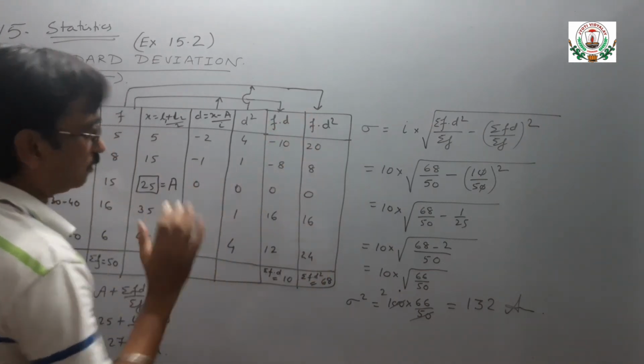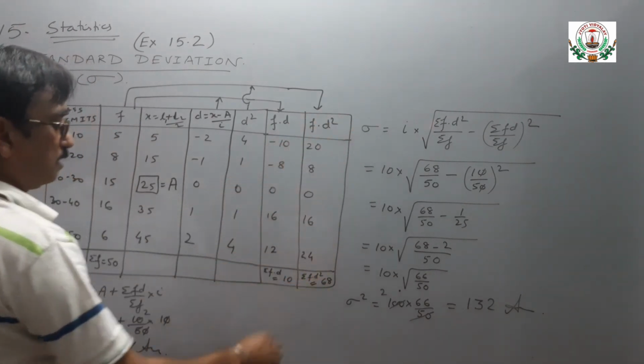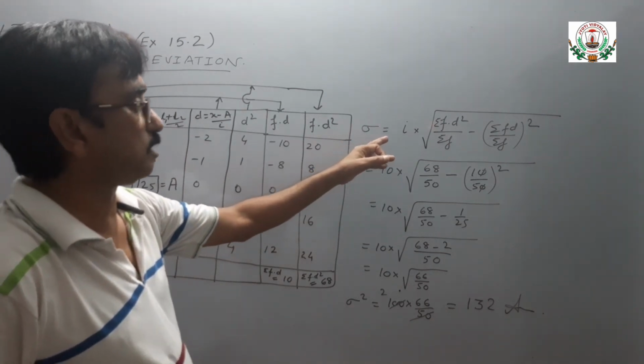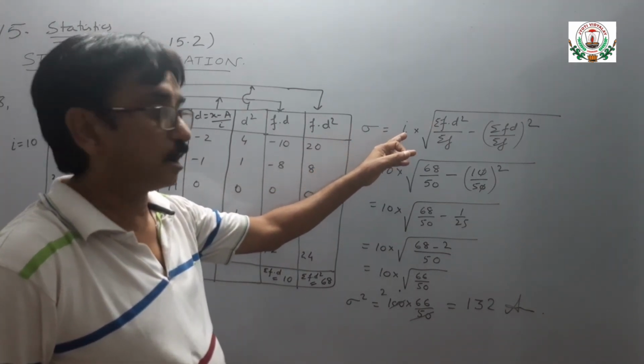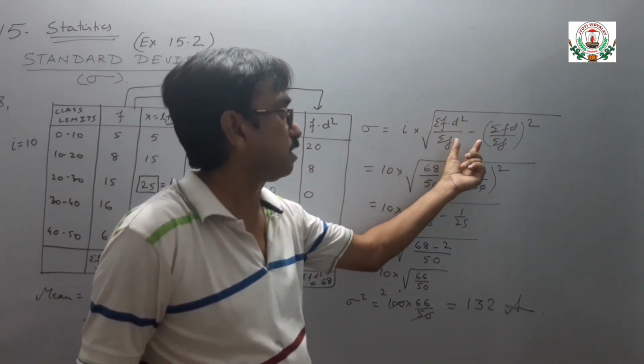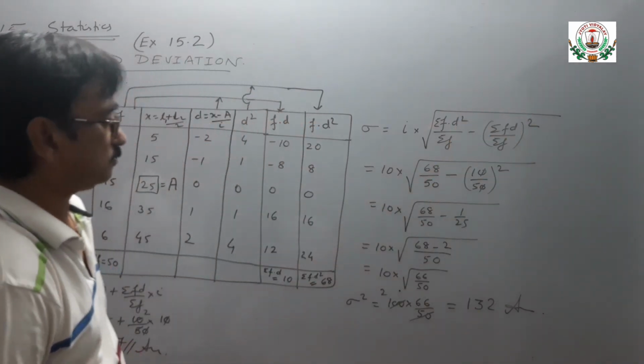Add up all the values of fd, add up all the corresponding values of fd square and then apply the formula for standard deviation: sigma equals i into square root of summation fd square upon summation f minus summation fd upon summation f, the whole square.